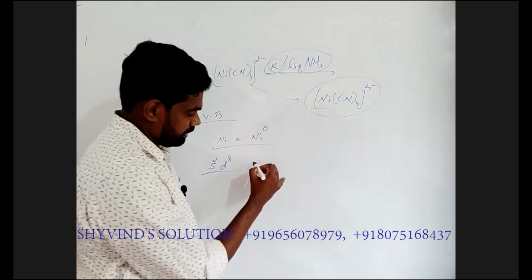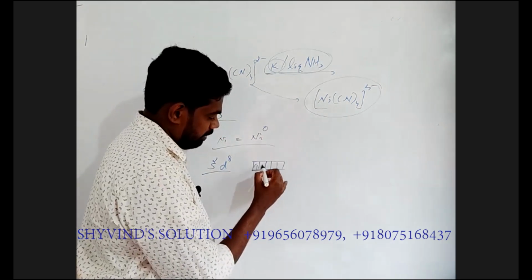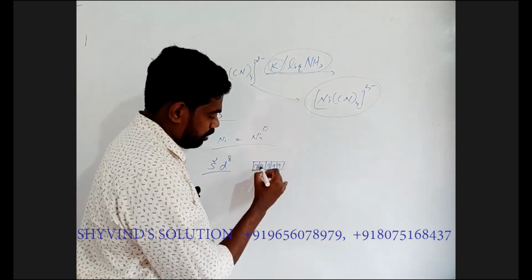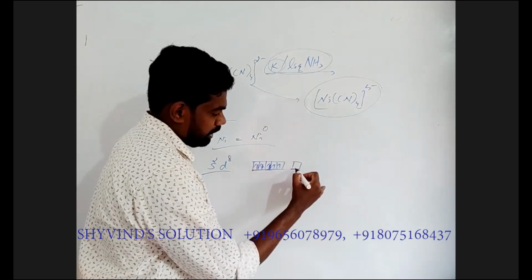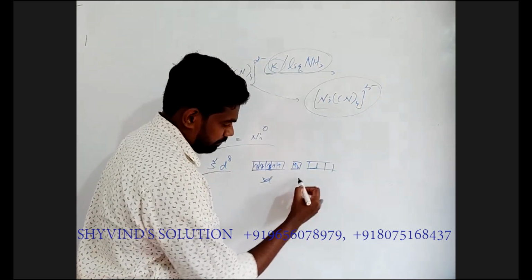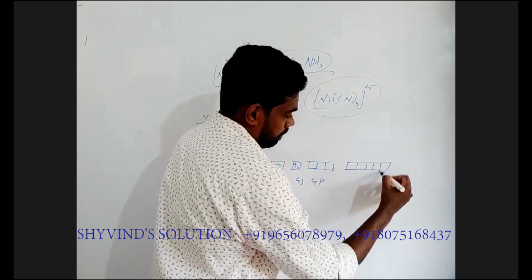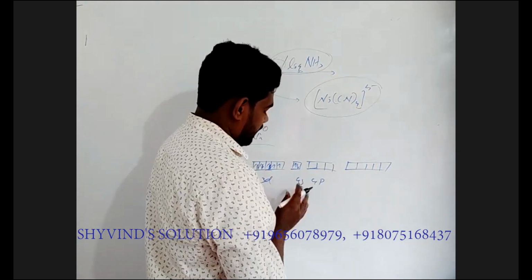Okay. So this is the electronic configuration. So d has 8 electrons in the d orbital and 2 electrons in the s orbital, and we have 3d, 4s, 4p, and 4d. Okay, so this is the electronic configuration.